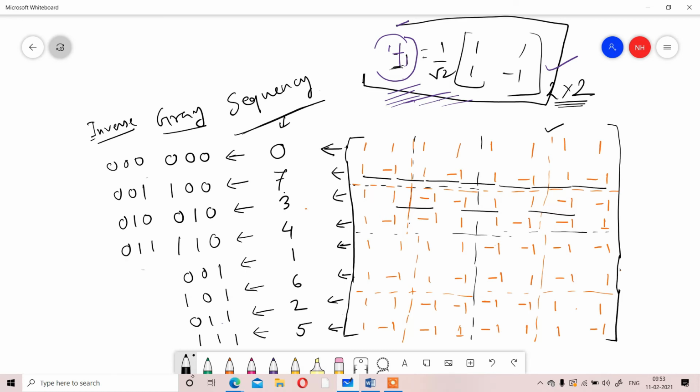And 0, 0, 1 will be 1, 0, 0. That is 1, 0, 1, then 1, 1, 0, and 1, 1, 1. So what are you getting?